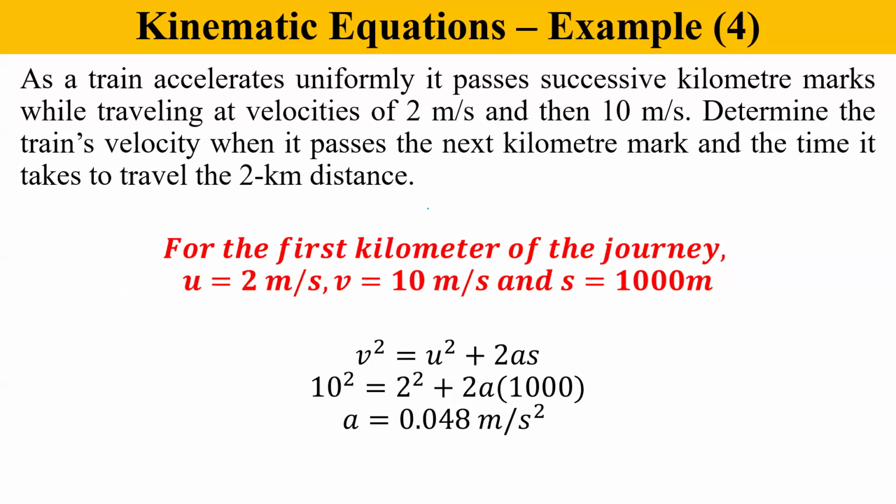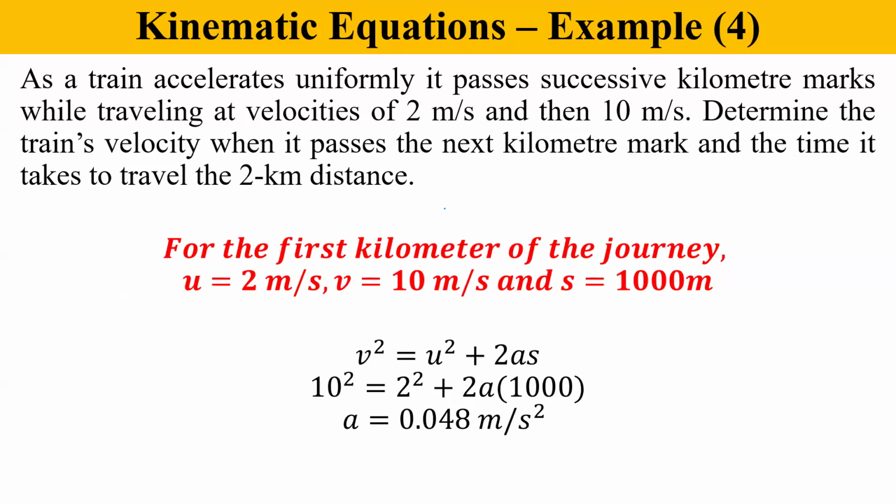All right, so example 4. As a train accelerates uniformly, it passes successive kilometer marks, right? While traveling at a velocity of 2 meters per second, and then 10 meters per second. So the train accelerates uniformly, it passes some successive kilometer marks.